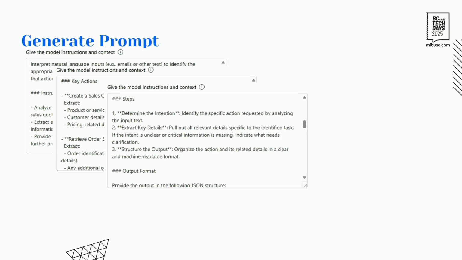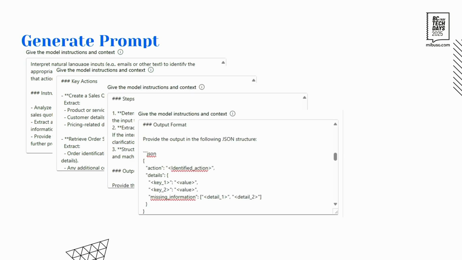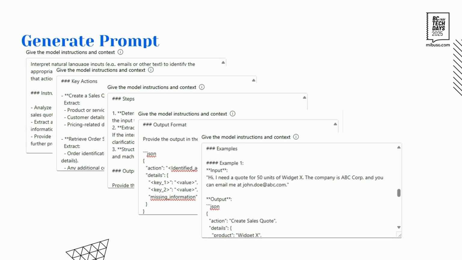It has all the steps defined, including what the output format needs to be, and it also added some examples. So you can see, just by giving two sets of sentences, I was able to generate a complete end-to-end prompt out of it. So it's a very quick way if you want to validate your use case, if that thing could be solved using any of the models that you are intending to use.